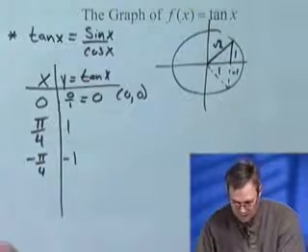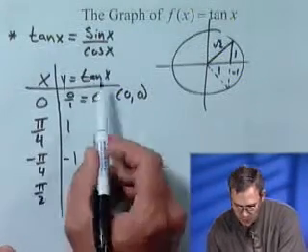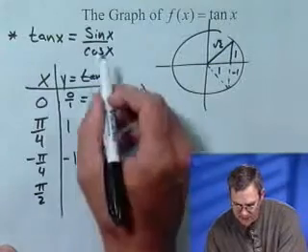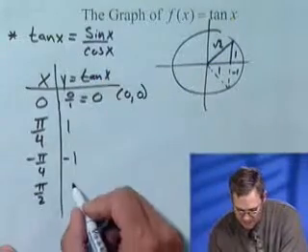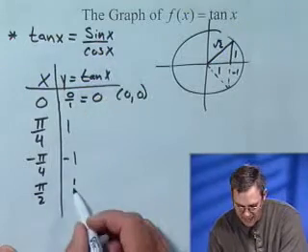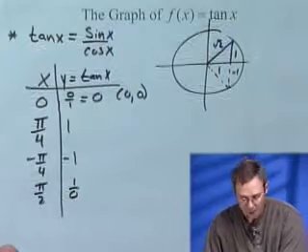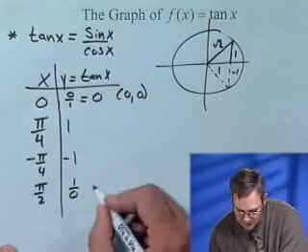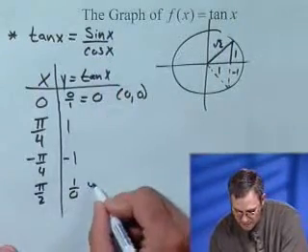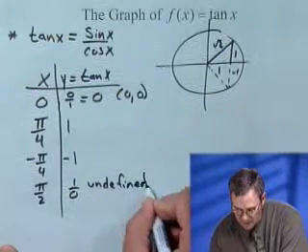Okay. Now how about we try pi halves? Well, tangent of pi halves, that's the same thing as sine of pi halves, which is 1, over cosine of pi halves, which is 0, and we're in trouble. Can't ever have division by 0, so the tangent of pi halves is undefined.